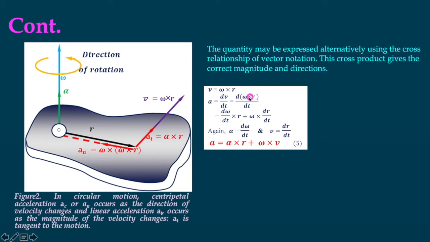Now substitute there, then go through the derivation. d omega by dt cross r, and here omega cross dr by dt. Now this d omega by dt is the angular acceleration, whereas dr by dt is the velocity. Substitute these two values and we get acceleration equals alpha cross r plus omega cross v.